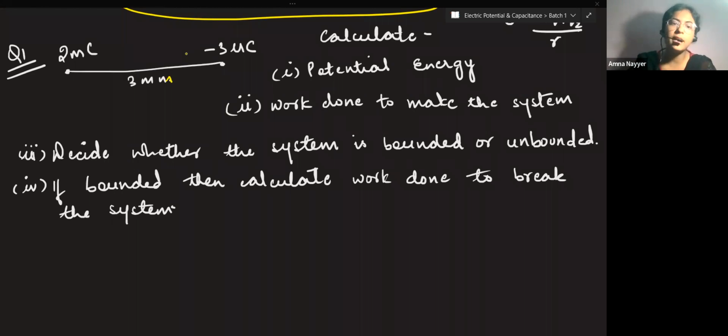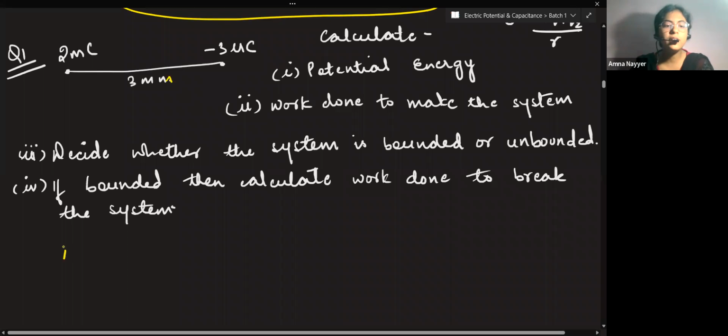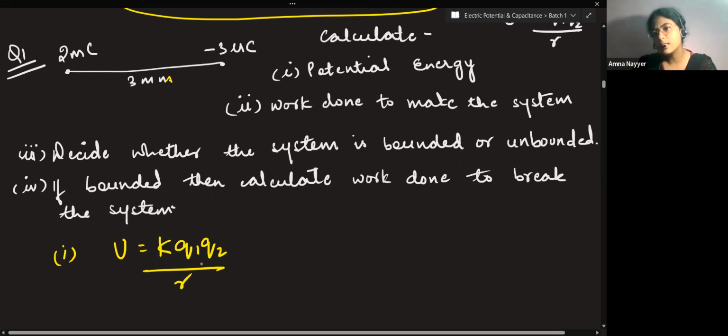Okay, Khalid is right. Salman, again, there is some error in the power of 10 only. See, let's discuss it. Khalid, your answer is right. The general formula of potential energy is K Q1 Q2 divided by R. So we just need to find out what Q1, Q2 and R are, and put them in the general formula.